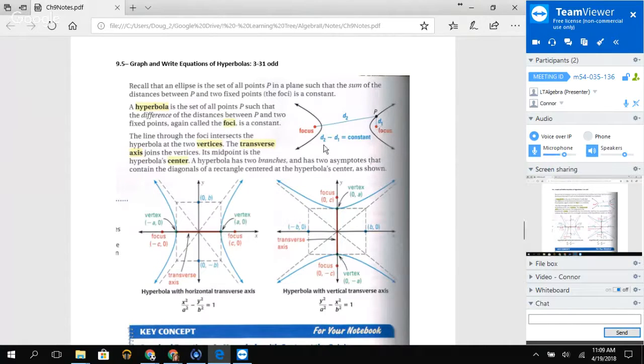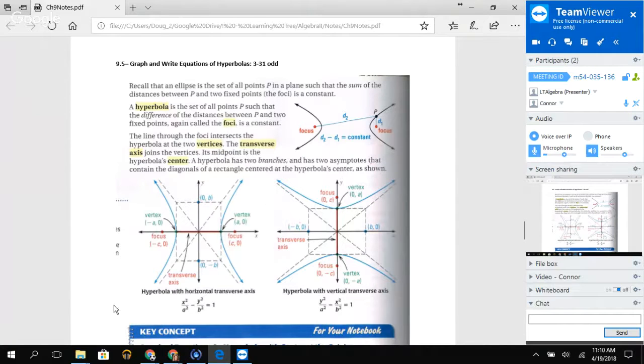Well, when you're talking about a hyperbola, if you subtract the distance from the first focus point to the hyperbola minus the distance from the second focus point to the hyperbola, then that's a constant. That's the difference between the ellipse and the hyperbola.